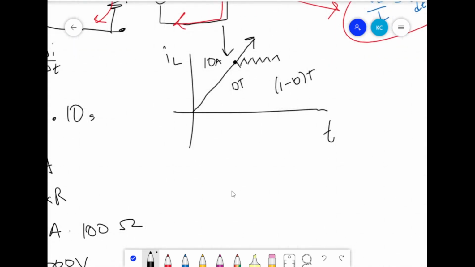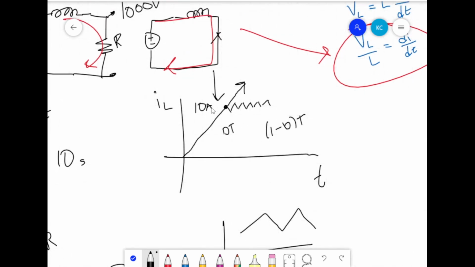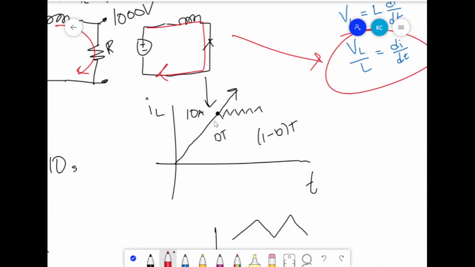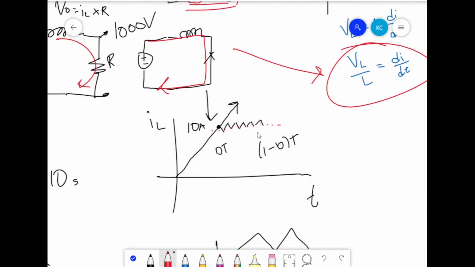Just like the buck converter, we get this ripple current with an average here. And the average is what we get when we toggle the switch on and off at a specific rate where it's kept at a level we want. So we're keeping it around 10 amps here to boost it up to 1000. This is just an example.